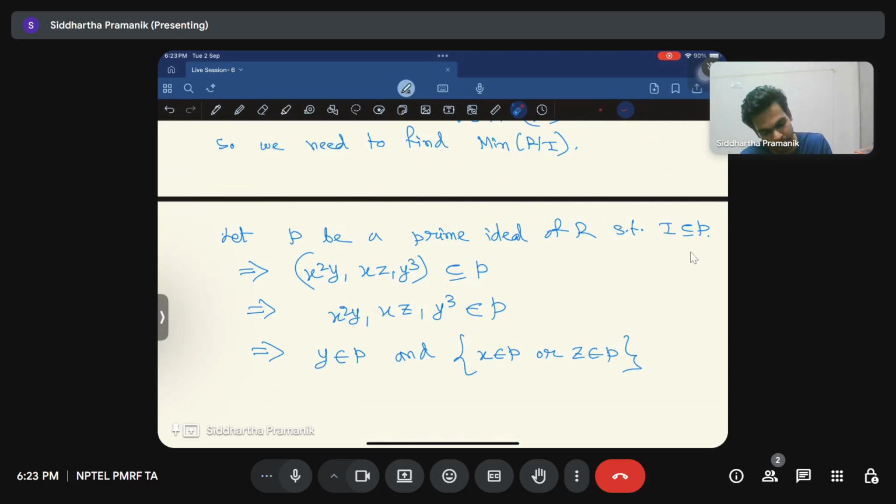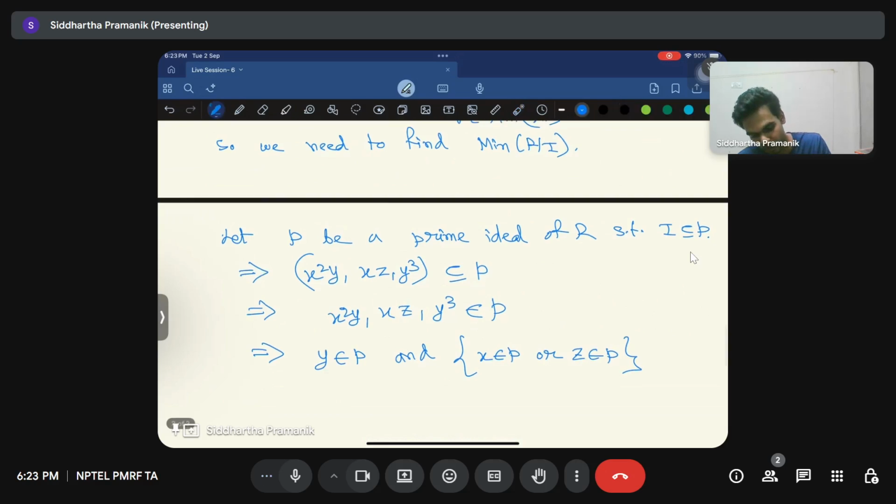So we have these two statements. From this we can say that y always belongs to P, but we can have either x belongs to P or z belongs to P. So we can have only two cases. So either (x, y) is a subset of P, or (y, z) is a subset of P. Now what does it mean?